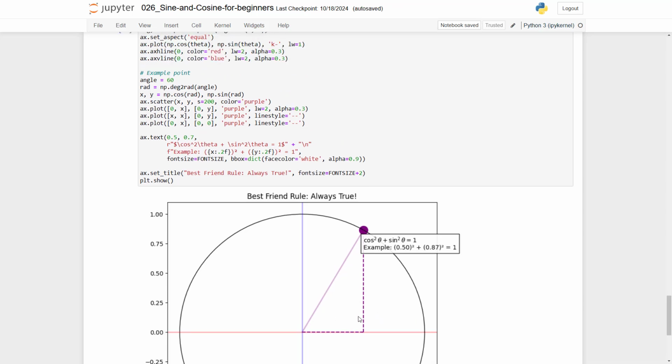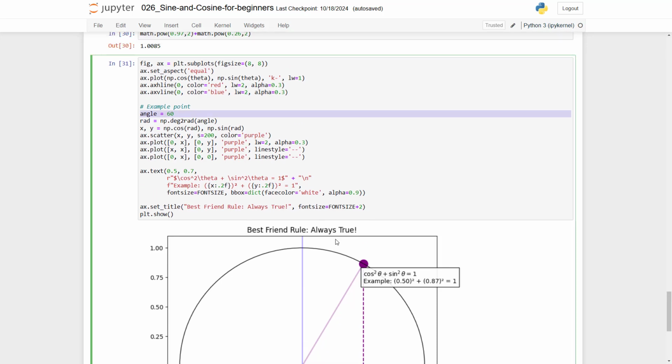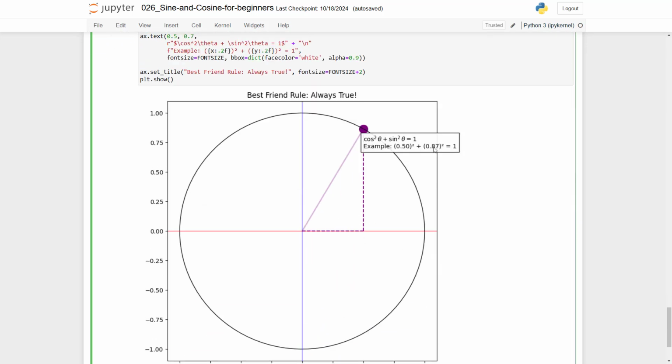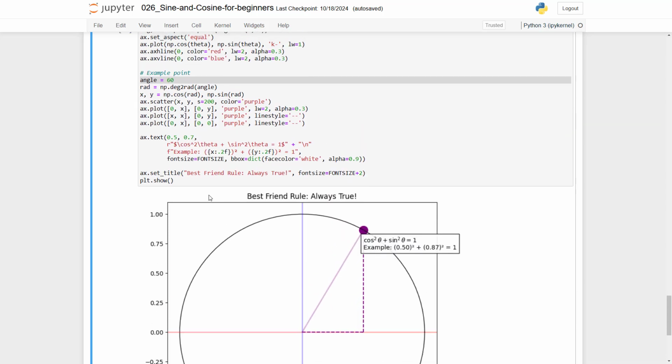It should be somewhere around 60 degrees. Let's see whether it is. Yes, it is a 60 degrees angle, and 0.87, which is the sine here, squared plus the cosine squared is equal to 1. And yeah, this is the so-called Pythagorean rule for triangle, which pretty much works quite well.